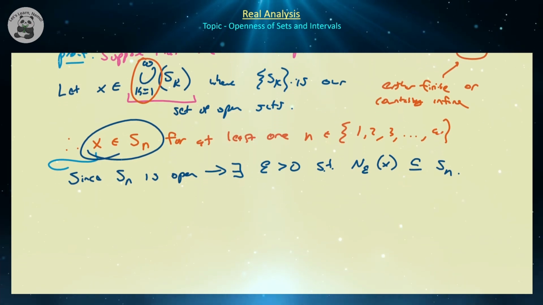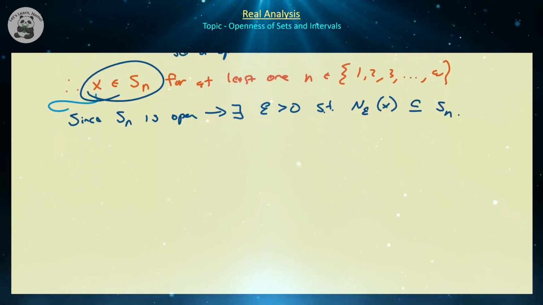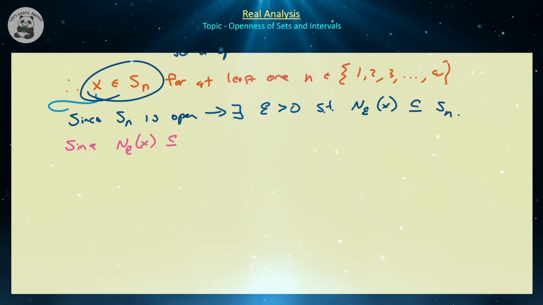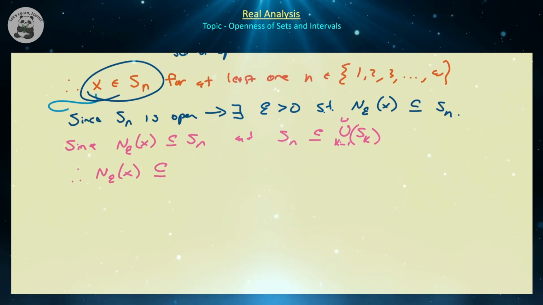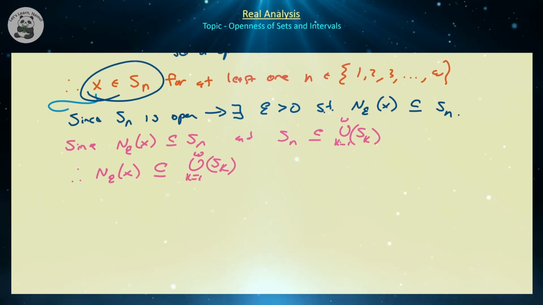That's the definition of an open set, and Sn is indeed open because it belongs to our set of open sets. Right? So since the neighborhood N epsilon of x is a subset of Sn, and we also know that Sn is a subset of the union from k equals 1 to omega of Sk, because it's one of those sets, that means that N epsilon of x is a subset of the union from k equals 1 to omega of Sk, right?